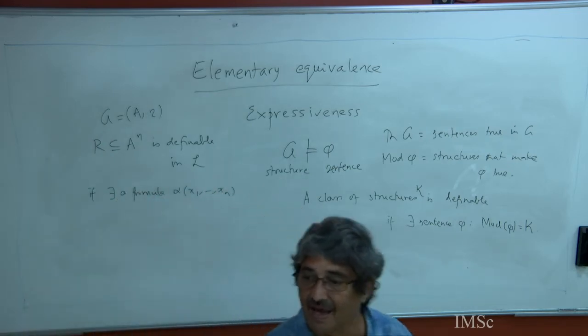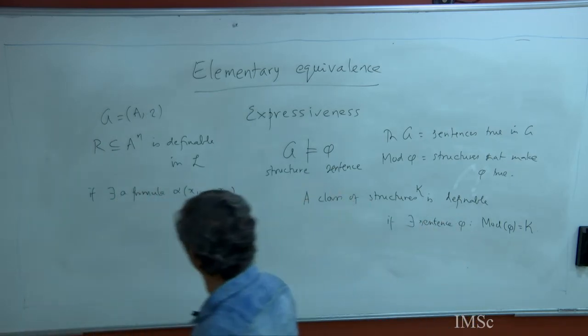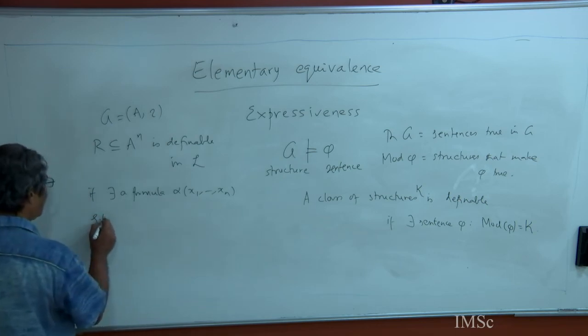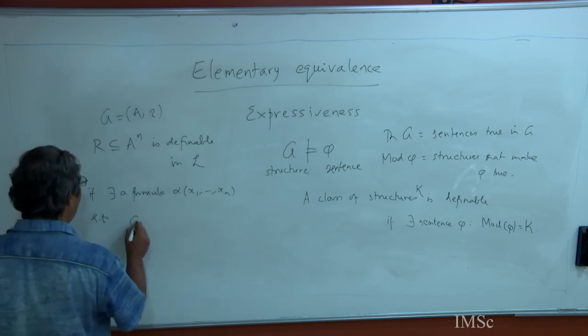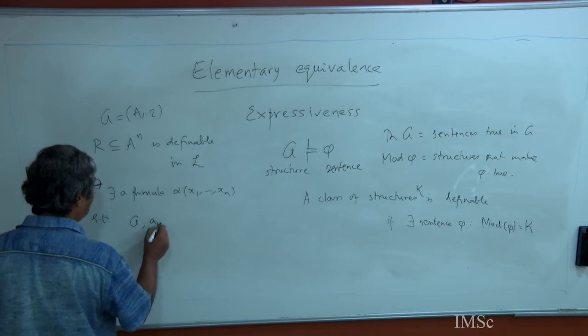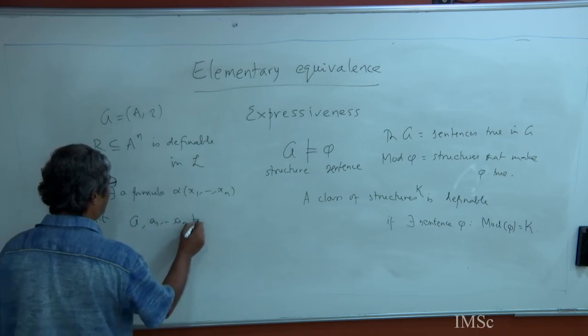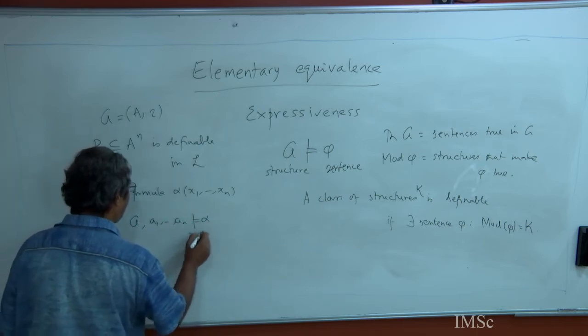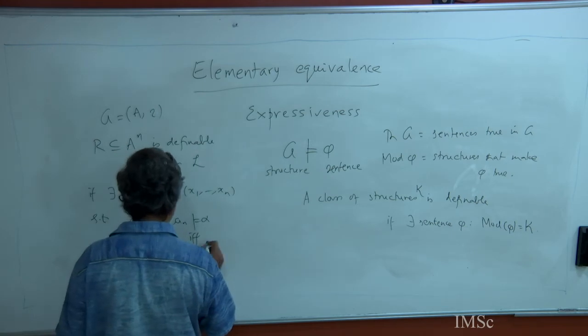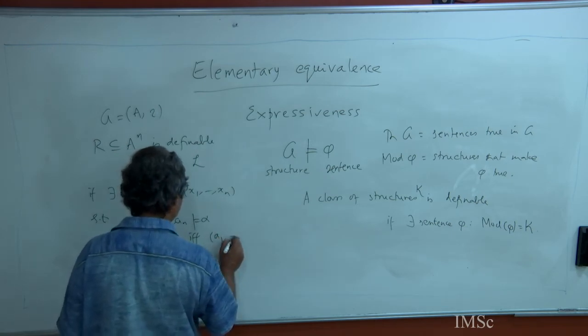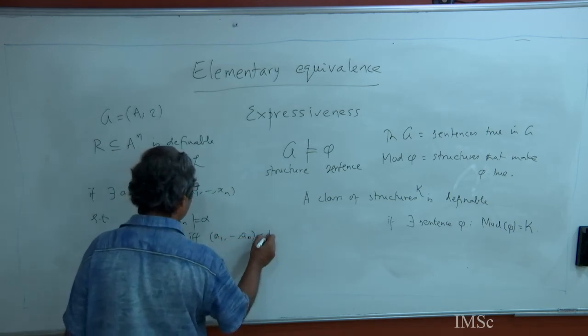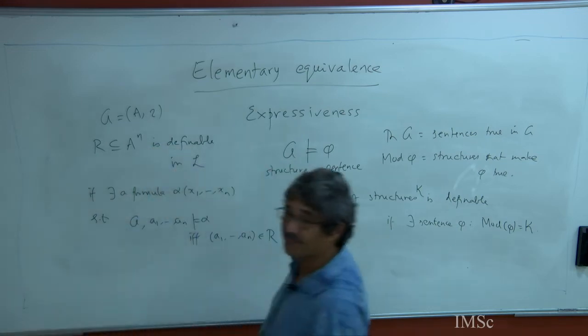Free variables are among x1 to xn, such that if I consider A with some tuples a1 through an, it satisfies alpha if and only if it is in the relation.